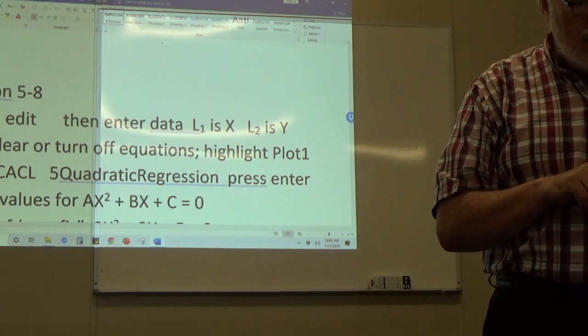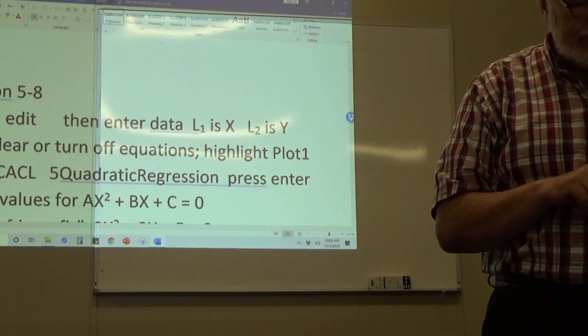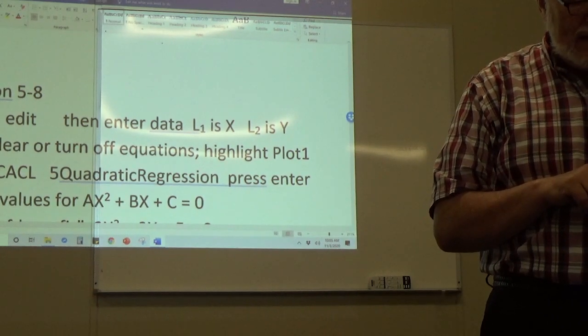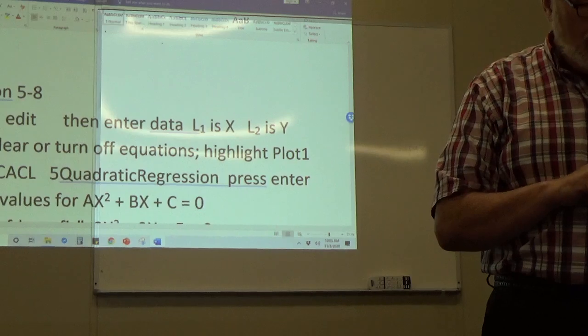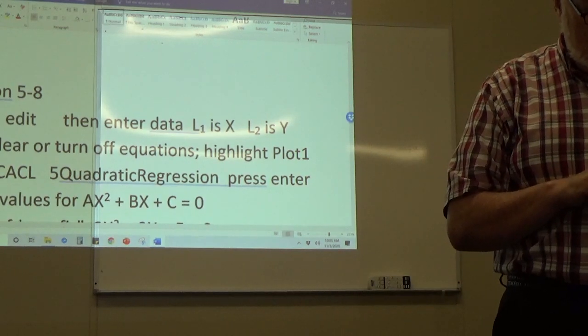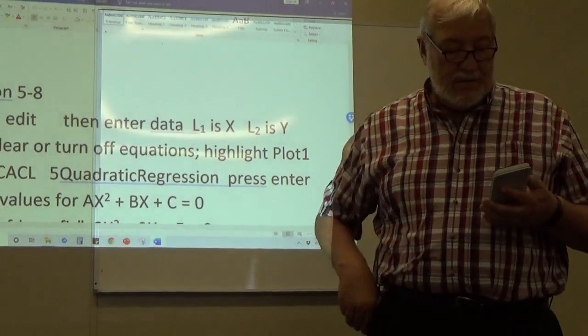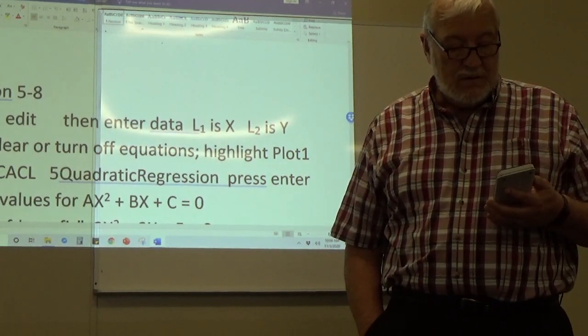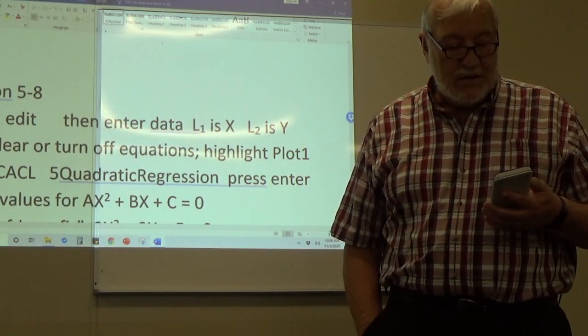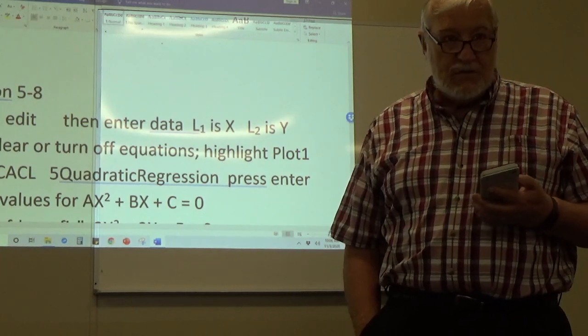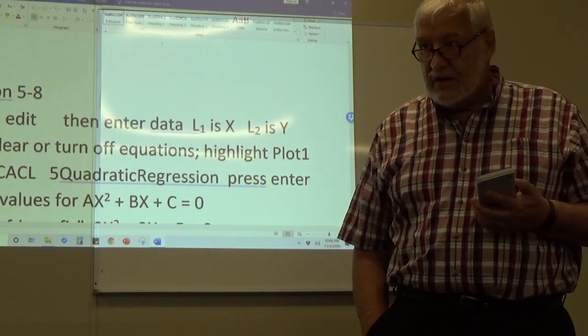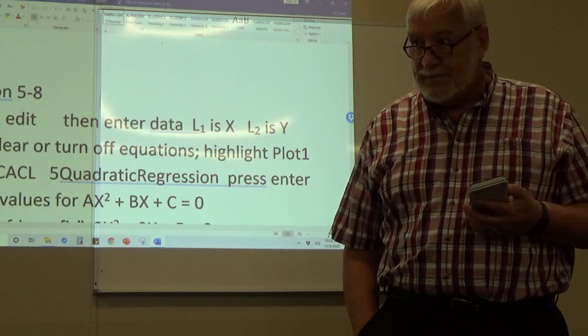Now, for the y value, we're going to use -10, 40, and a change of 1. And when you press graph, you should see the 3 boxes of the 3 points.